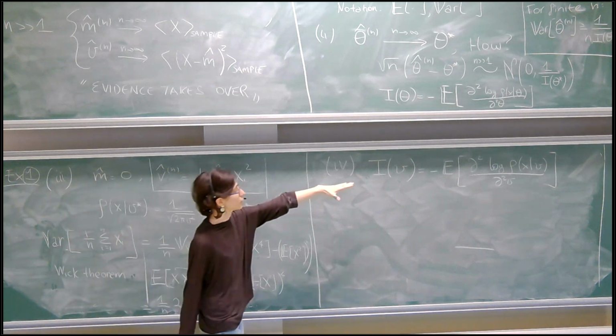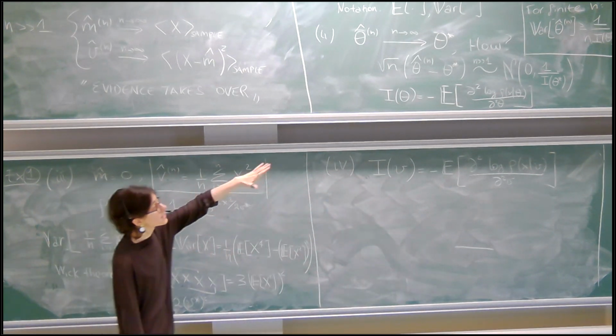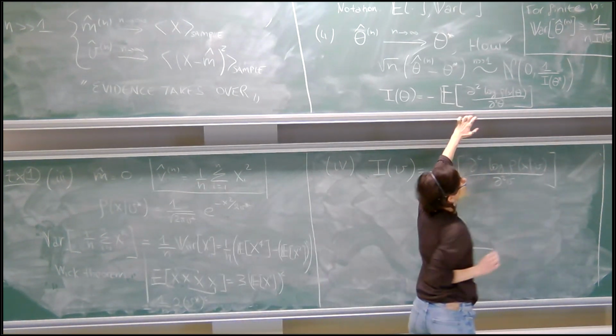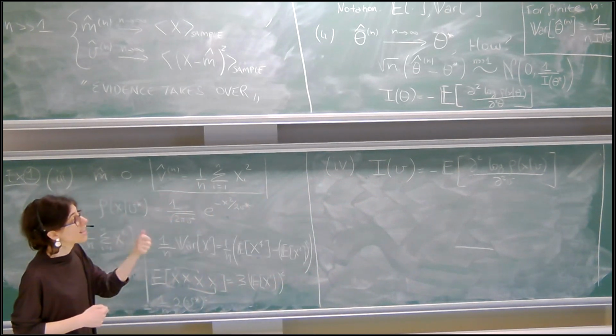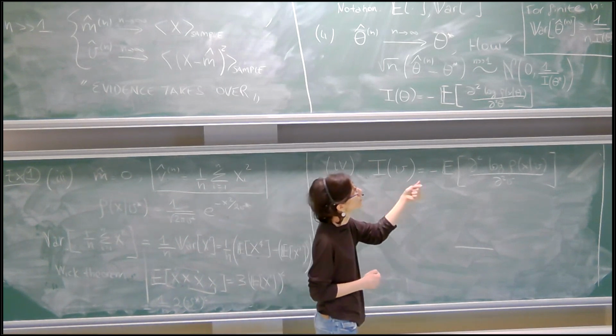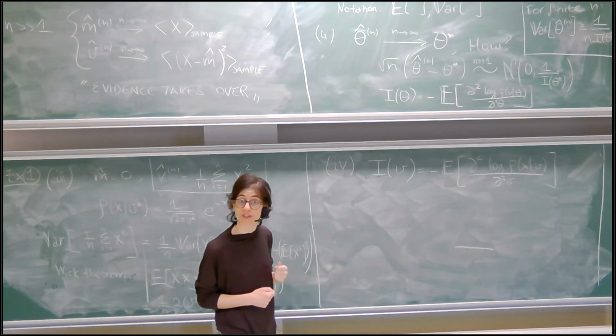This type of information is measured by an object like this, and this is why you see that in this inequality, the Fisher information appears in the denominator. So the larger it is, the smaller is your lower bound, and therefore the more hope you have that the variance of your data is small.